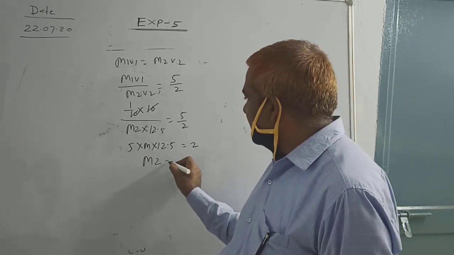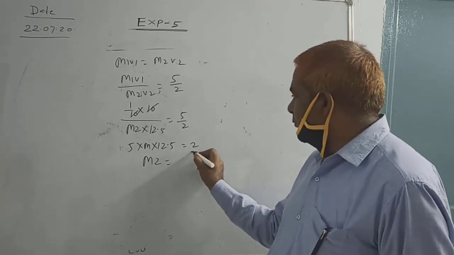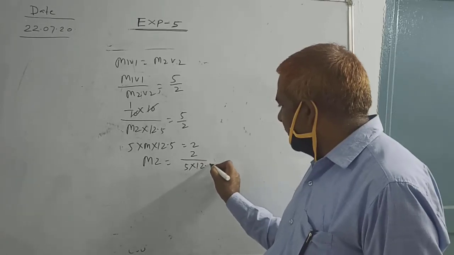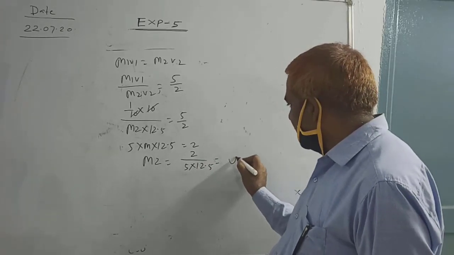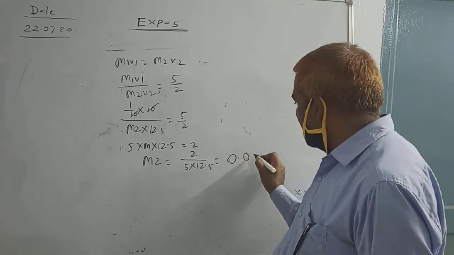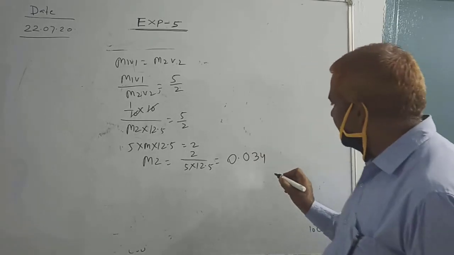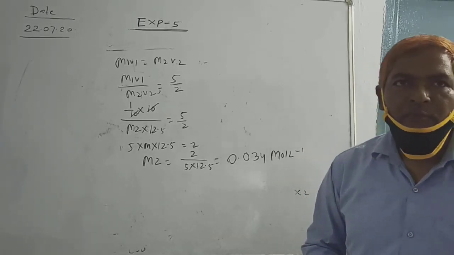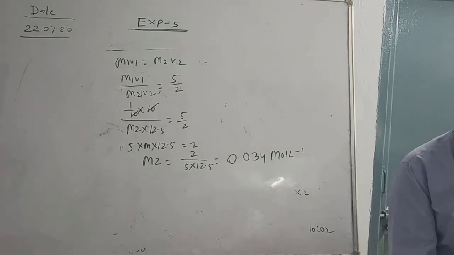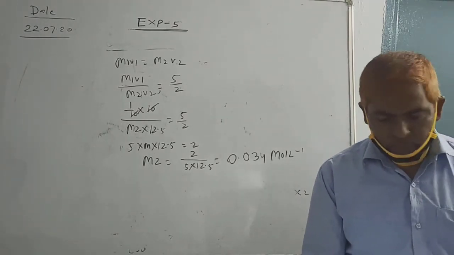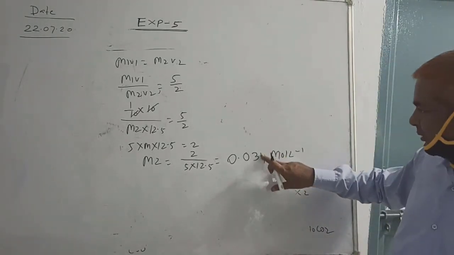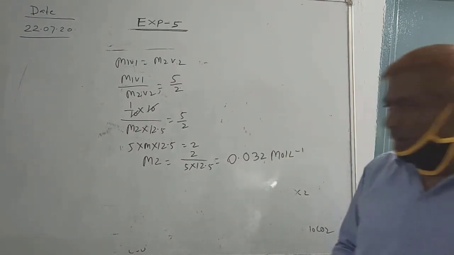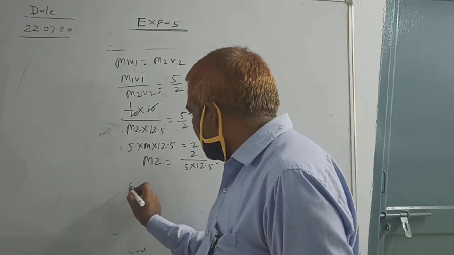M2 equal to 2 by 5 into 12.5. After calculation, it becomes 0.034 mole per liter. No, it is not 0.034, it is 0.032 mole per liter. Now, coming to the strength.